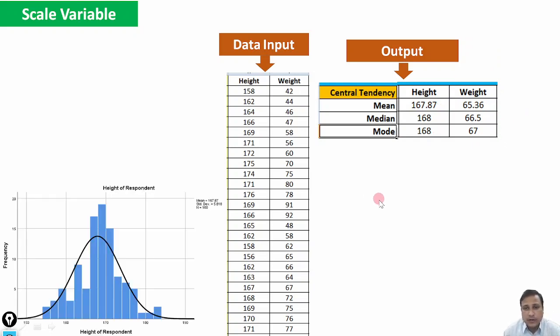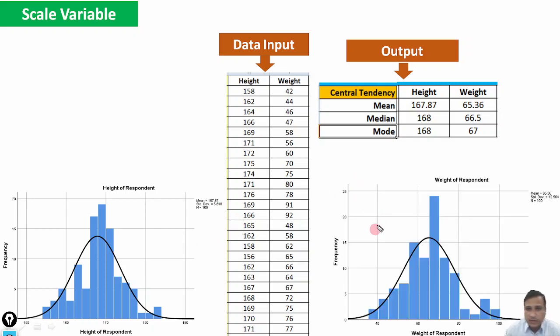Now if I draw the graph for height and for weight, we can find that 168 lies somewhere here. This 168 lies somewhere here, meaning we try to find a value which represents the center of this data, and the center lies somewhere here.